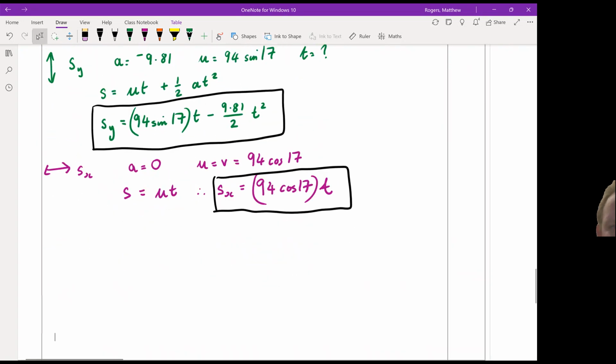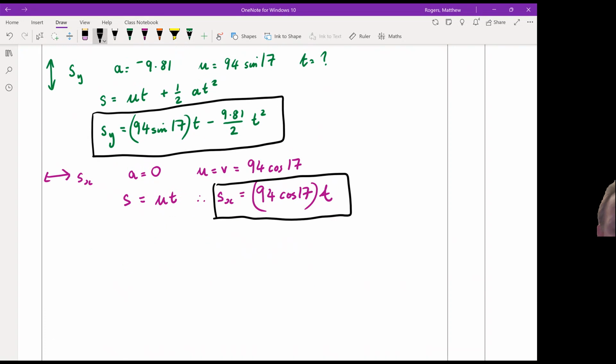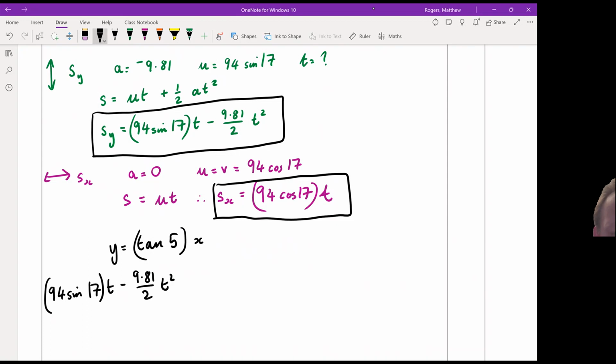So we've got y equals tan 5 times x. Let's write that one again. y equals tan 5 times x. So that is 94 sine 17 t minus 9.81 over 2 t squared.